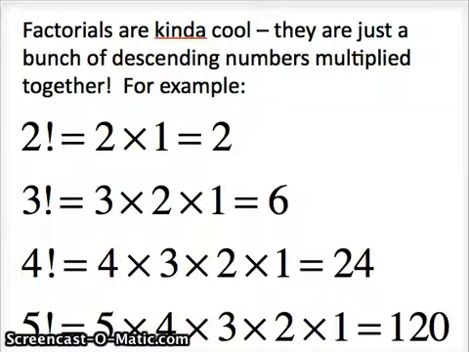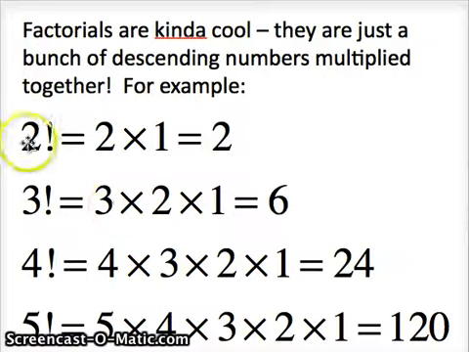Factorials are pretty cool, and it's actually kind of simple. Basically, if you have a factorial, it'll be a number followed by an exclamation mark, and all you have to do is multiply that number by one less than it and keep going down.